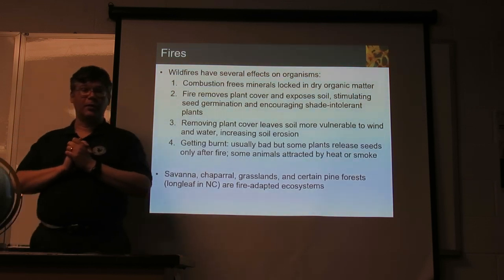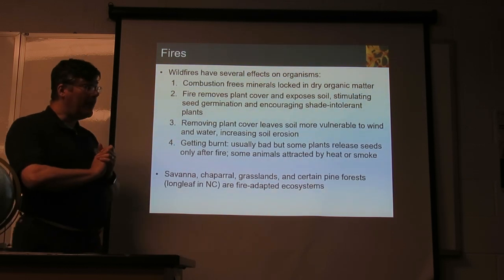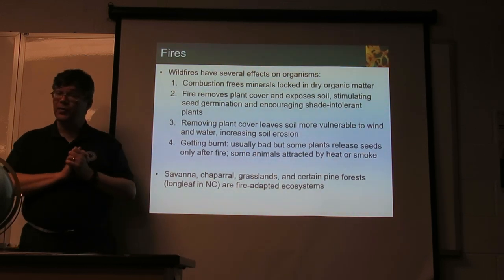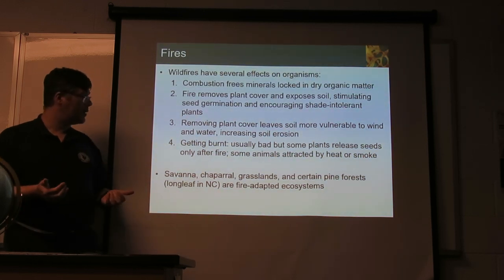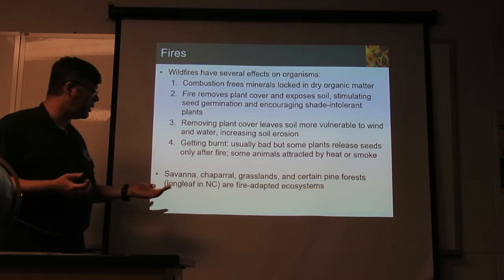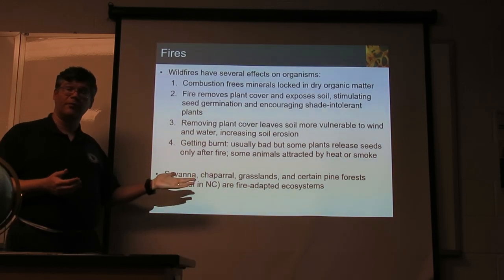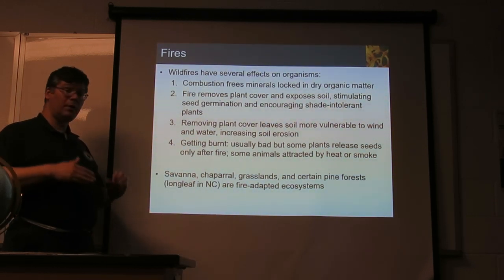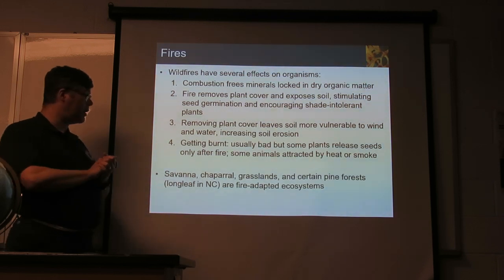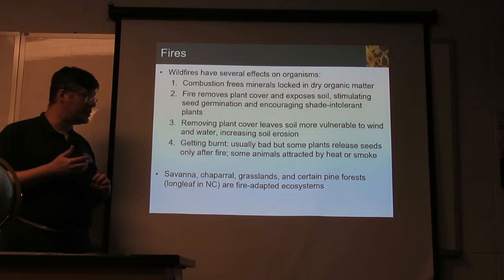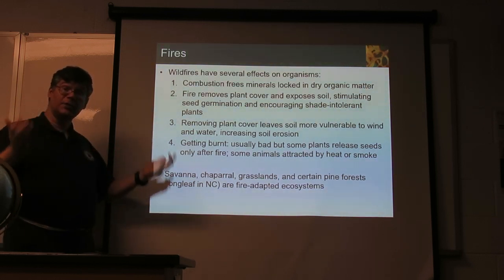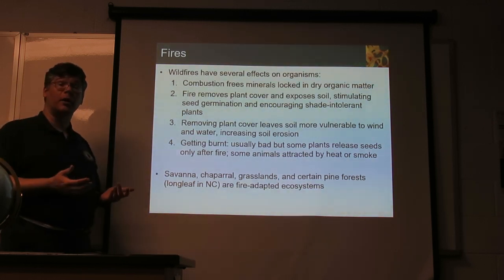Now, Smokey the Bear, we tend to think of fire as a bad thing, but it depends on the setting. Some natural habitats, such as most grassland areas, or savanna, where you have grass and trees, chaparral, kind of patchy bush type areas, some types of pine forests, like the longleaf pines here in North Carolina. These are ecosystems where fire is a normal part.